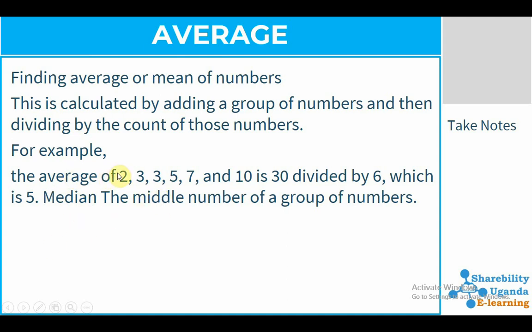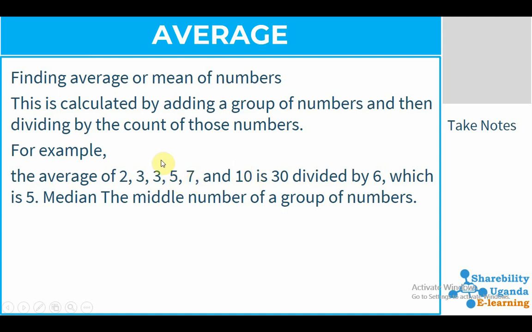For example, I've been given numbers here. We are talking about a group of numbers. You add a group of numbers, from here up to here. After adding them, you divide by the count. What do they mean by the count? You have to understand how many there are: 1, 2, 3, 4, 5, 6.